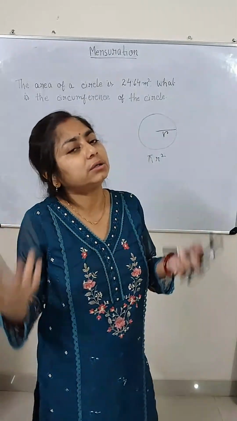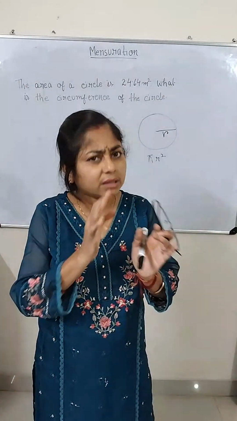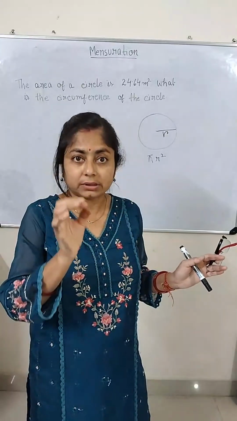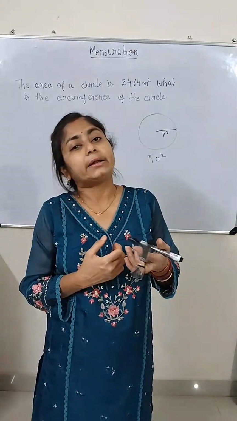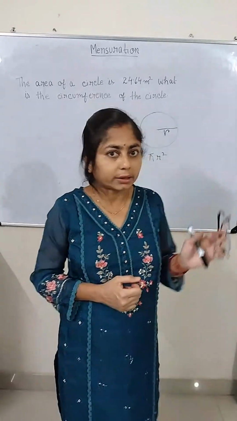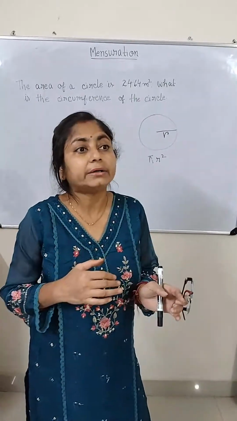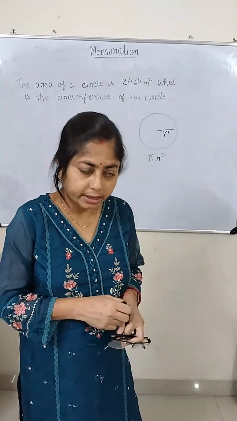They don't tell the diameter, don't tell the radius, nothing. They ask for the circumference. But to find the circumference, I need the radius. So first I draw the picture and find out how I can find the radius. Okay.